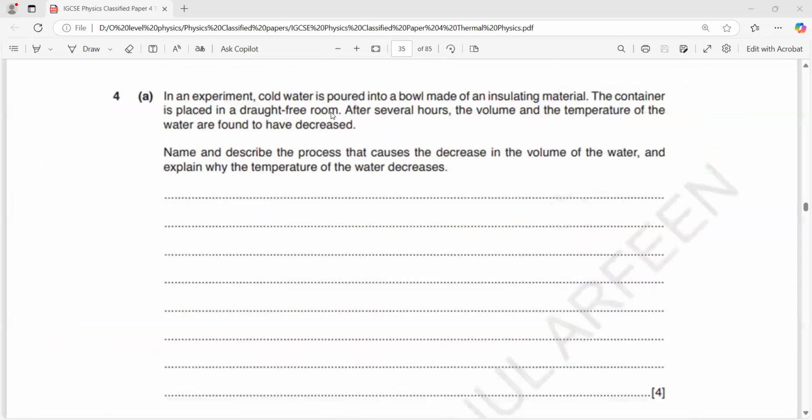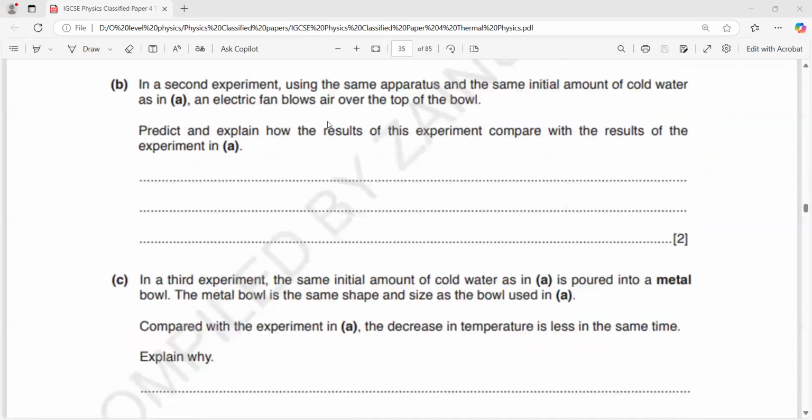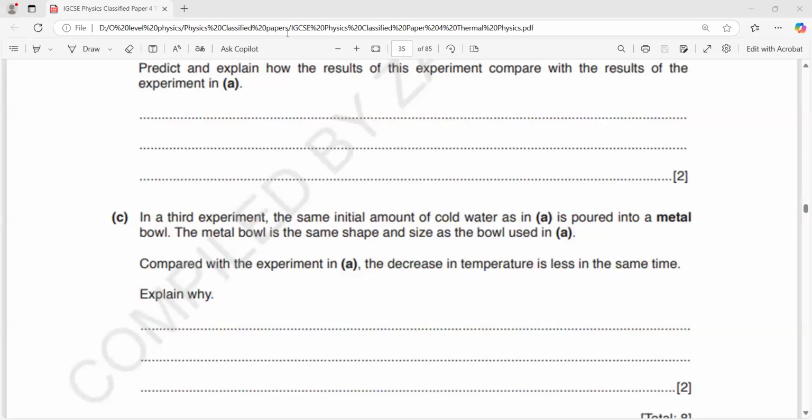Experiment A was an insulating bowl. Now it's a metal bowl. So the metal will transfer energy to the water. That's why the water temperature does not decrease as much as it did with the insulator.